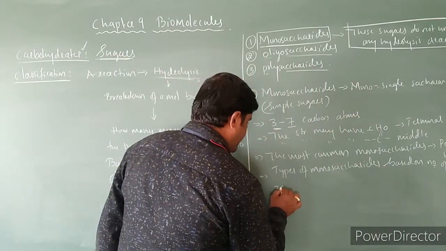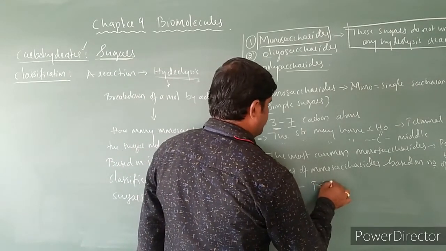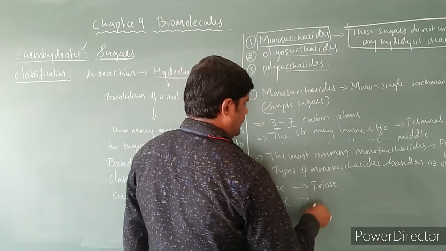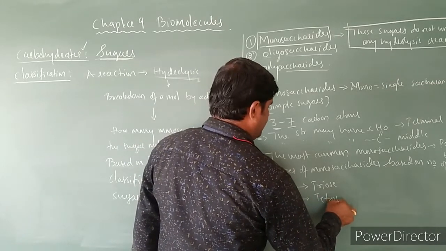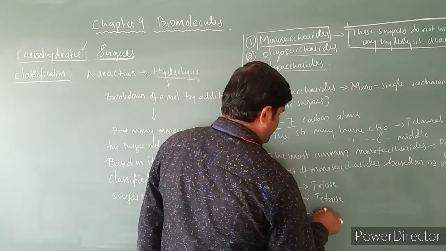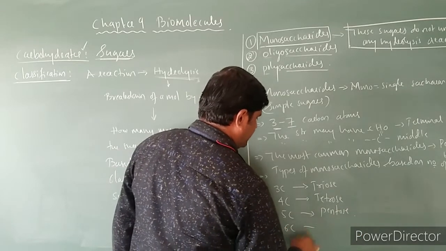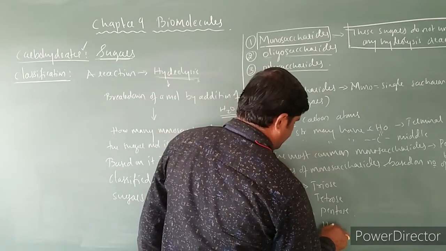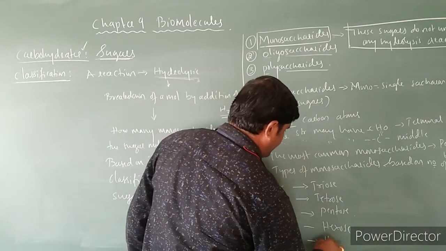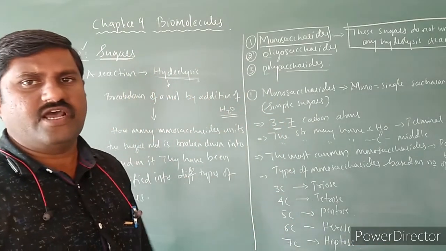If a sugar contains 3 carbon atoms, it is called triose. If it contains 4 carbons, it is called tetrose. If 5 carbon atoms are there, it is pentose. If 6 carbon atoms are there, it is hexose. If 7 carbon atoms are there, it is heptose. Like this, they have been named based on the number of carbon atoms.